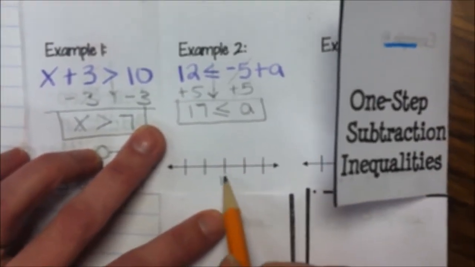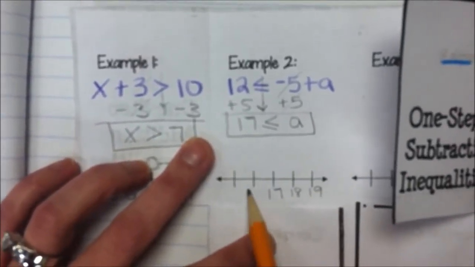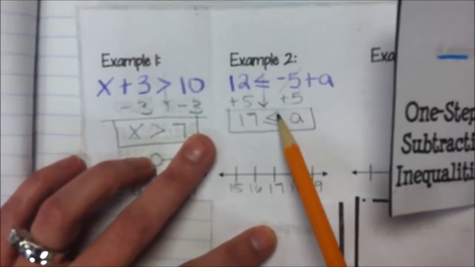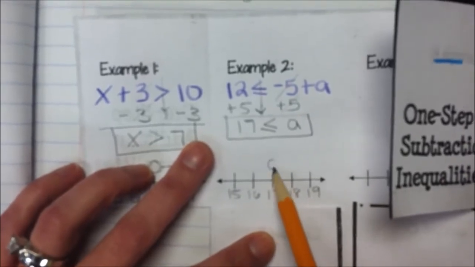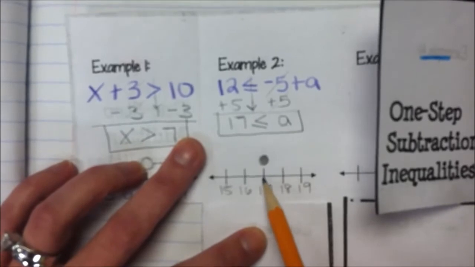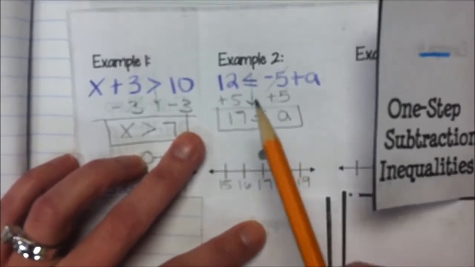We know that we need to write 17 and a couple numbers above 17 and a couple numbers below 17. Since this symbol has the or equal to line under there, we know that we must fill in our dot. It can equal 17, or it can be anything bigger than 17.